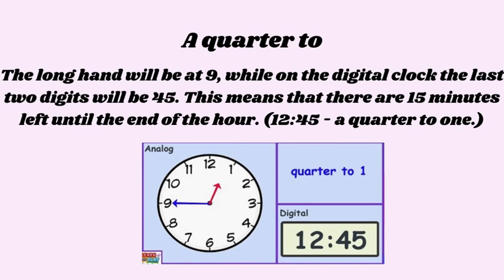The long hand is at 9, and the short hand is between 12 and 1, but the short hand is near to 1. And for the digital clock, the two numbers in front of the colon are 12, and the last digits are 45. So it's called a quarter to 1.